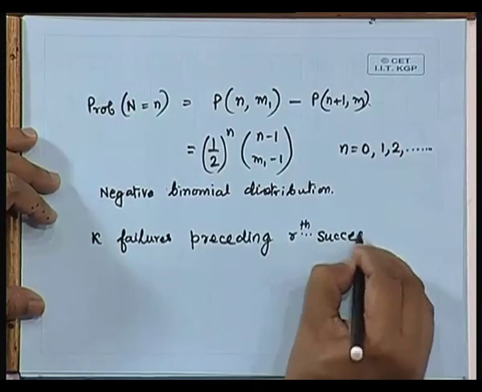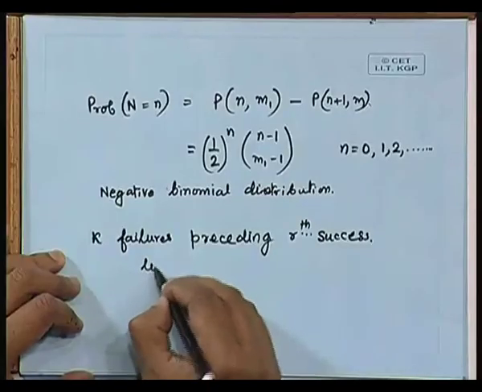That means it is a long series of repeated binary trials. We keep on repeating this trial. There is a first success, then again some failures, then the second success, again failures, then the third success, and it goes on like that.